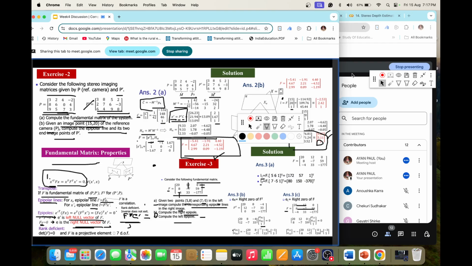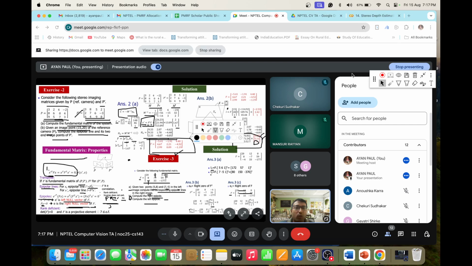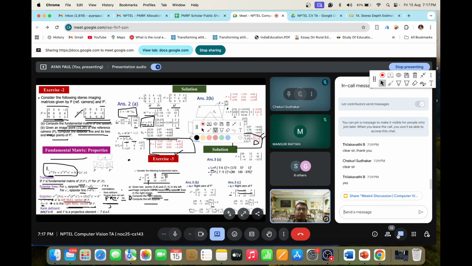So this is the question regarding fundamental matrix properties. Is it clear to all of you? Any question regarding this, you can please ask. No question, right? Properties are very clear.